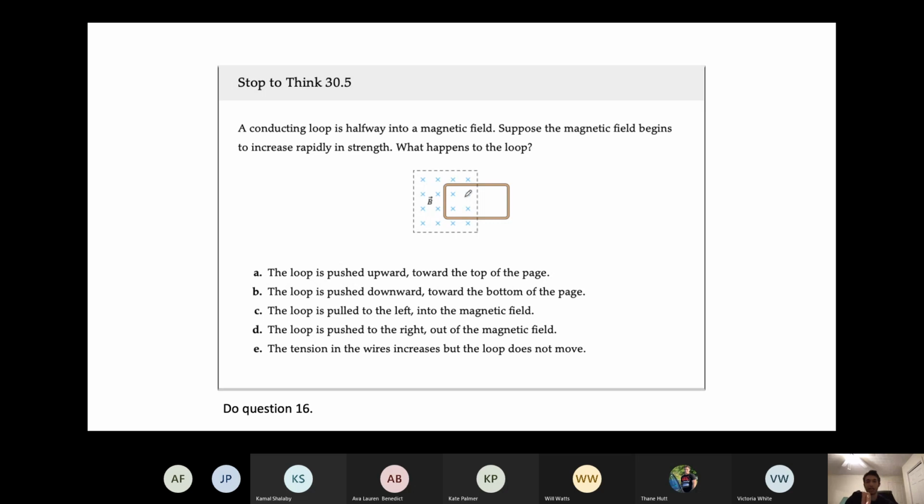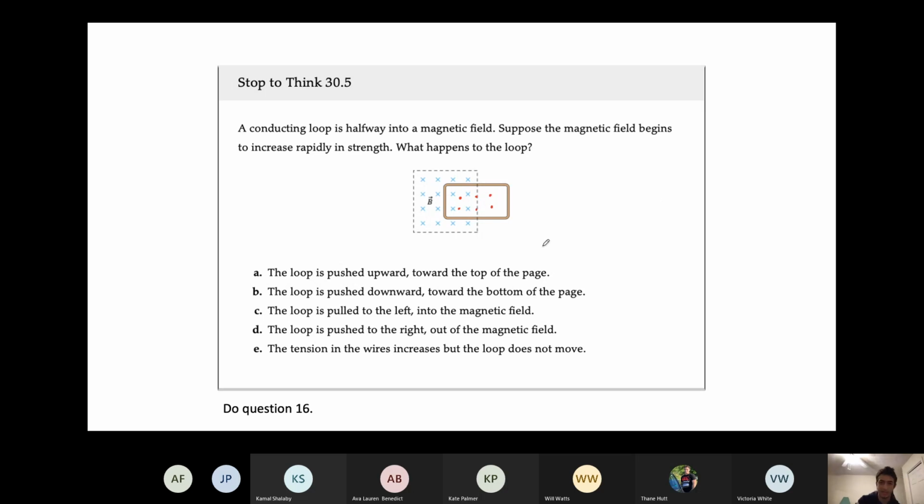The system doesn't like that. So what it will do is produce a magnetic field opposite to the system. So that means this loop will start producing magnetic field out of the page.